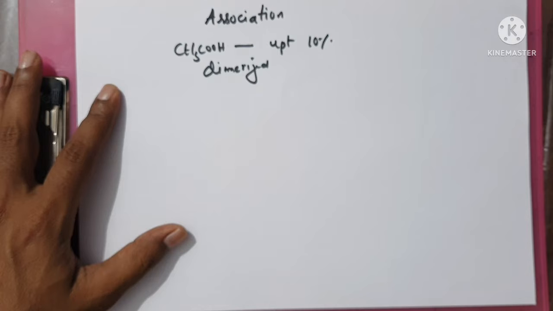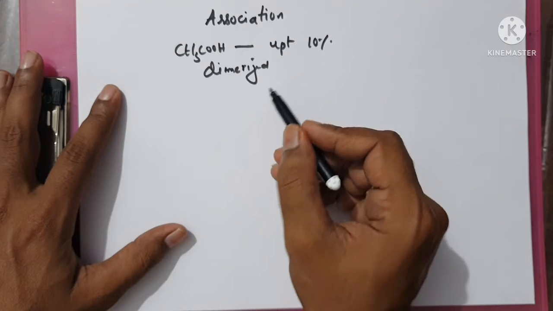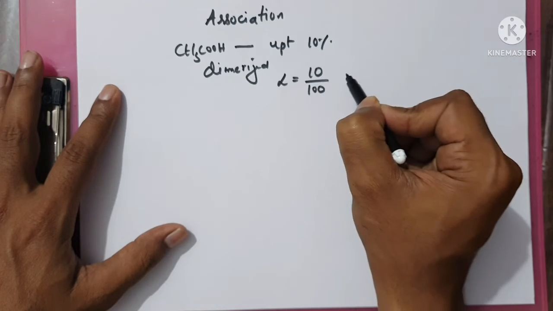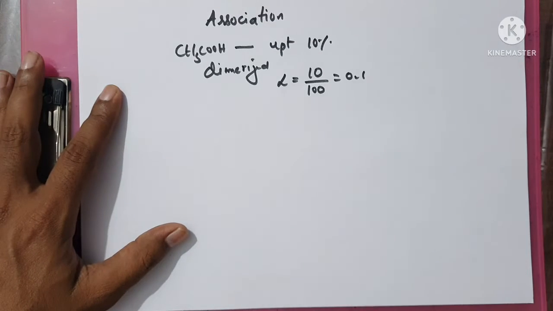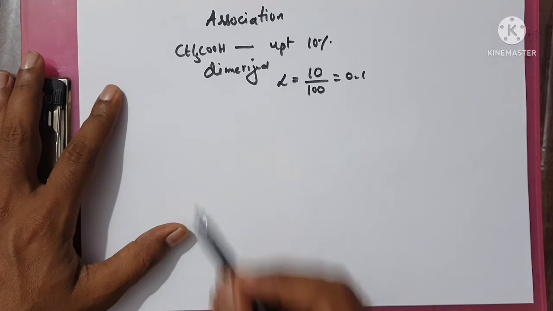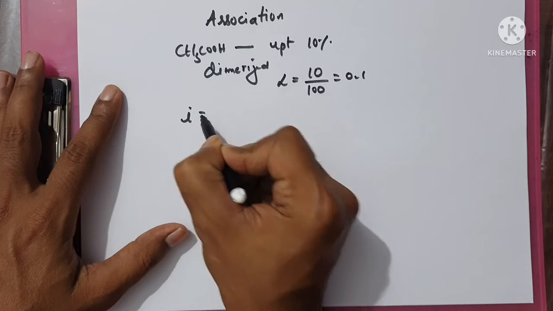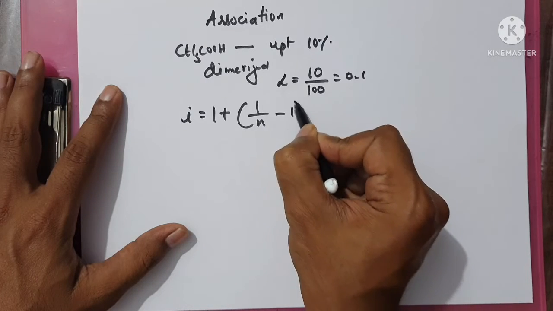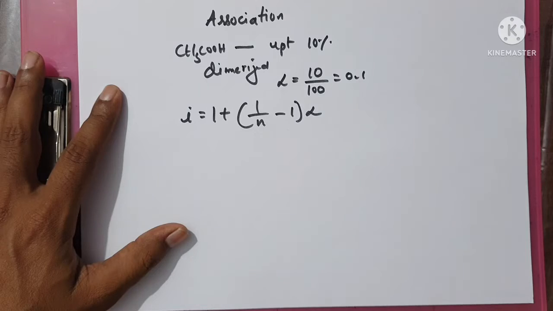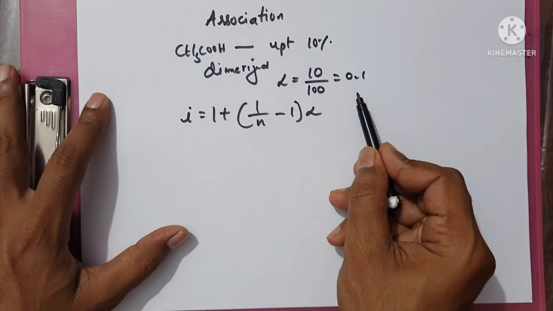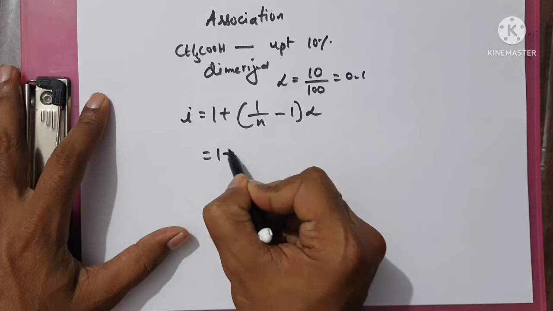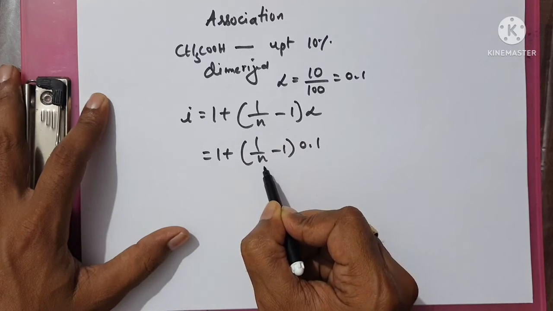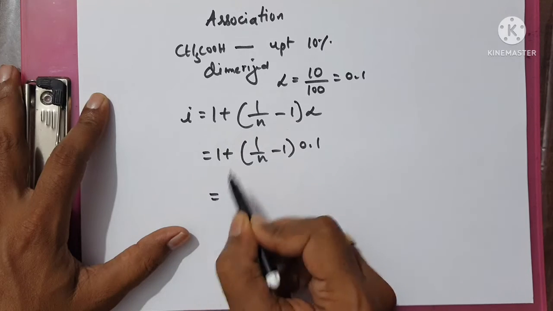So when it gets associated, we'll take alpha is equal to 10% by 100, and that is going to be 0.1. As I have mentioned in the trick box, the formula for association is i is equal to 1 plus (1 by n minus 1) into alpha. The alpha is how much? 0.1. Therefore, let's take it as 1 plus (1 by n minus 1) into 0.1. So here what is n value? n value is again 2 because it is acetic acid.